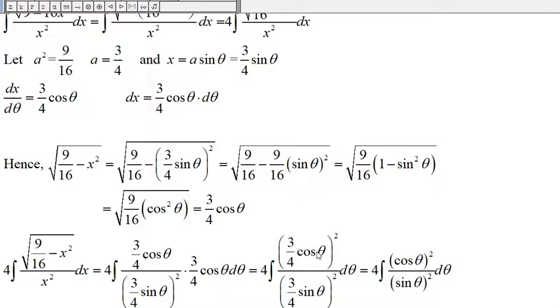And what's left is cosine squared for the top, and sine squared for the bottom. So the integral here becomes 4 times the integral of cosine squared divided by sine squared. But cosine squared divided by sine squared is cotangent squared.